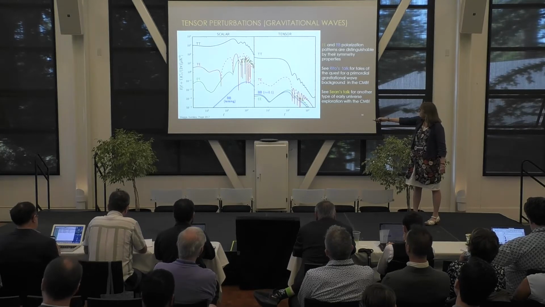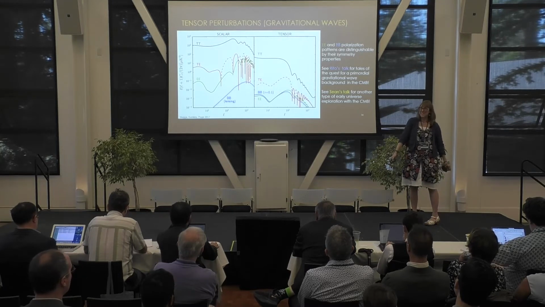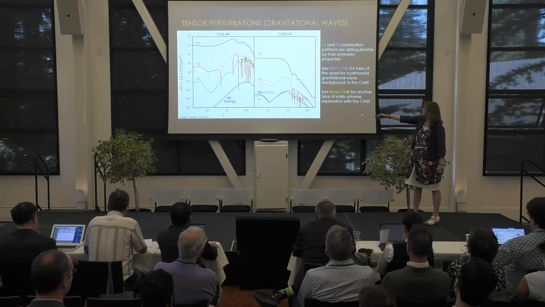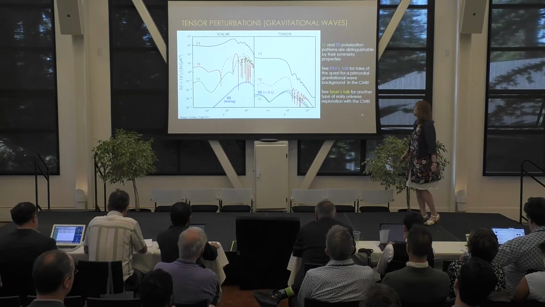And E and B are types of polarization, the linear polarization you can look for, that will be described in more detail in the following talk. And TE is the fact that there might be cross-correlation between the intensity and the polarization.